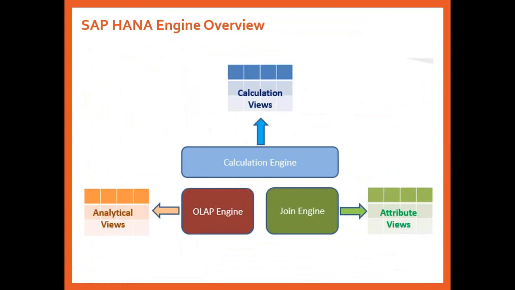Based on that, it will execute the object. Here it is the same. In the join engine, we join two or more tables with the common key, and we select what the output for that join is. That is the attribute view.